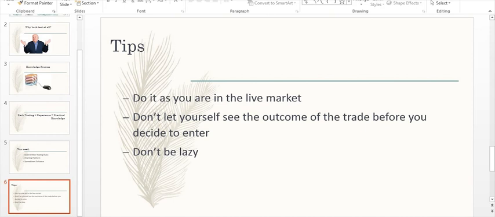But you should have the discipline to backtest because it is the key component that is going to take your trading career to the next level. So let's get into the backtesting part now.